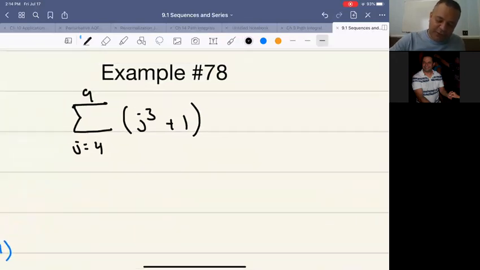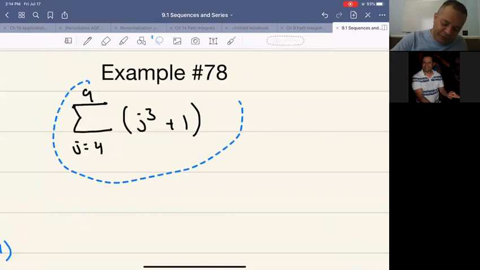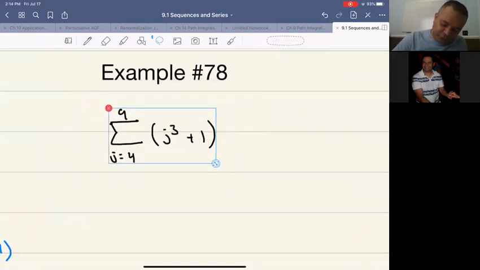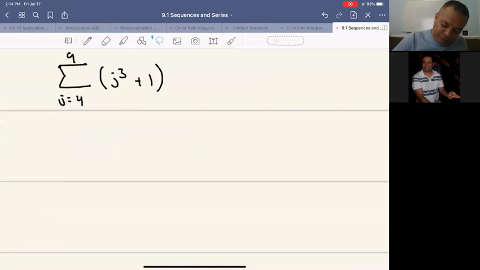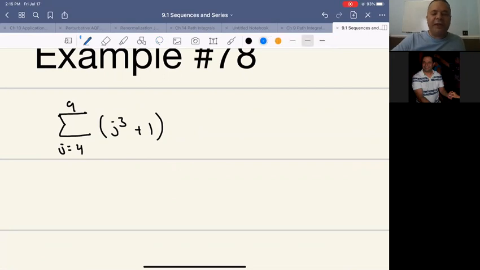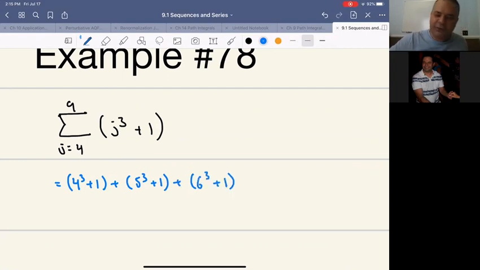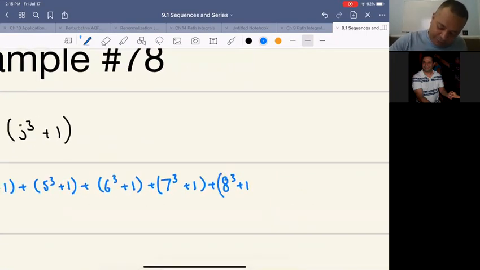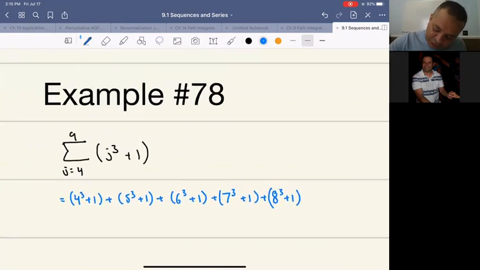So we're going to start with j equals 4, so 4 to the third plus 1, plus 5 to the third plus 1, plus 6 to the third plus 1, plus 7 to the third plus 1, plus 8 to the third plus 1, plus 9 to the third plus 1.